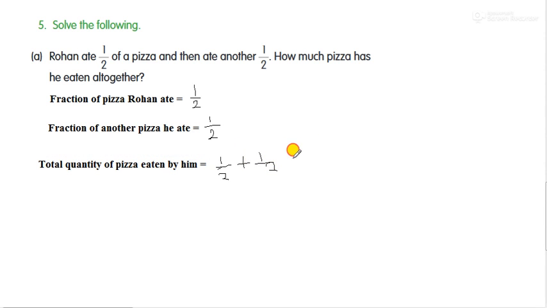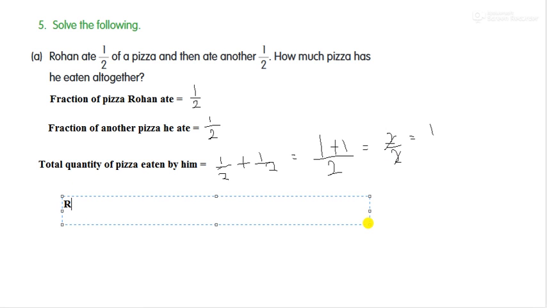So here the LCM is 2. So 1 plus 1 equals 2 by 2. So equals 1. 2 ones are 2 ones. Next, Rohan ate 1 pizza.